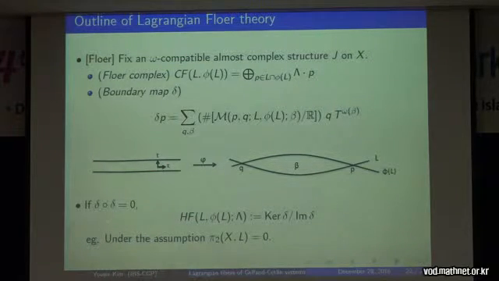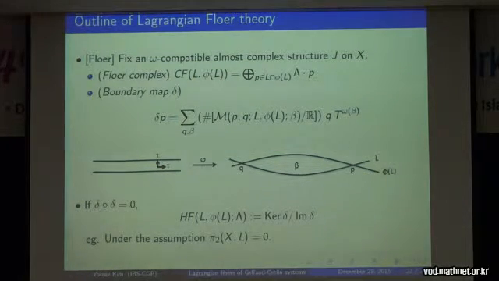If the del squared happens to be 0, then we can define the Floer homology. Then one more step is that the Floer homology is actually isomorphic to the usual homology of the Lagrangian. Then we can get the result because the rank of the Floer homology is equal to the rank of the usual cohomology of L, and that should be less than or equal to the rank of the Floer complex.